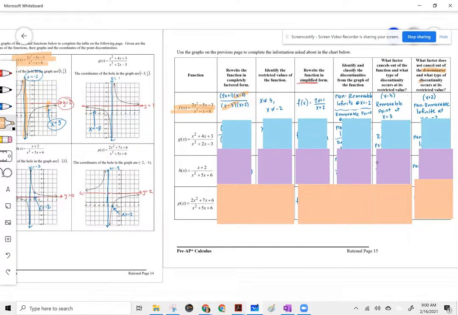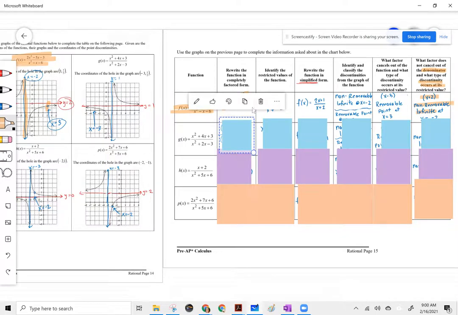That factor is non-removable, which means it's the vertical asymptote, the non-removable infinite discontinuity at x equals -2. I would like you to answer the questions for g of x, and then I'm going to talk you through those.